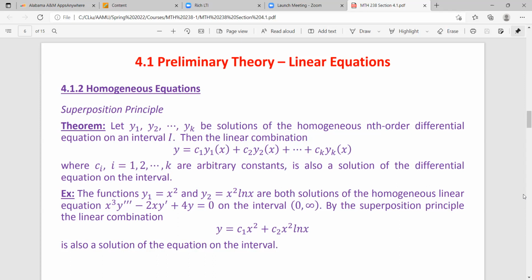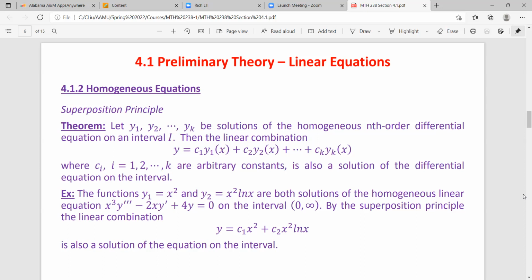We have not discussed how to solve it, but you can easily check that y1 and y2 are indeed solutions to the equation. If we just plug in y1 or y2 in the equation, you can see the equation holds.